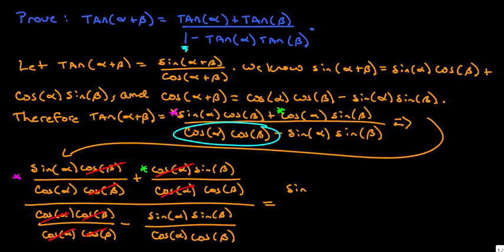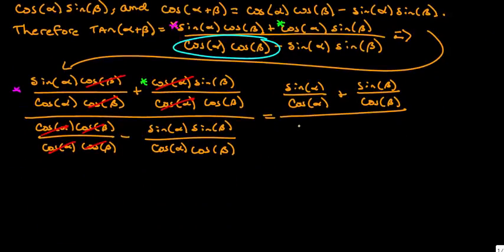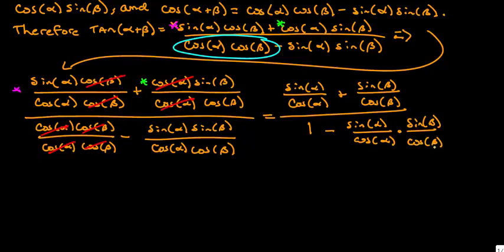I've got sine alpha over cosine alpha plus sine beta over cosine beta, and that whole thing is over 1, because this guy's 1, minus sine alpha over cosine alpha times sine beta over cosine beta.